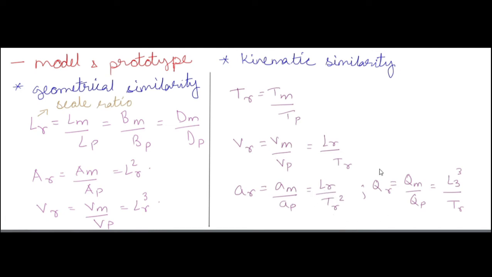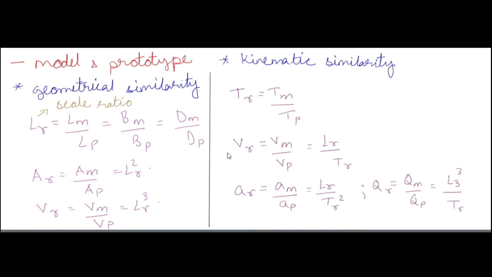Again in kinematic similarity we have discharge ratio, equal to discharge of the model by discharge of the prototype, equal to length ratio cubed by time ratio. It's not L3, it's LR. So LR cubed by TR. This is the kinematic similarity.